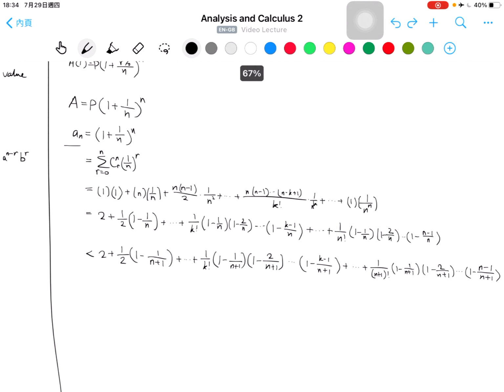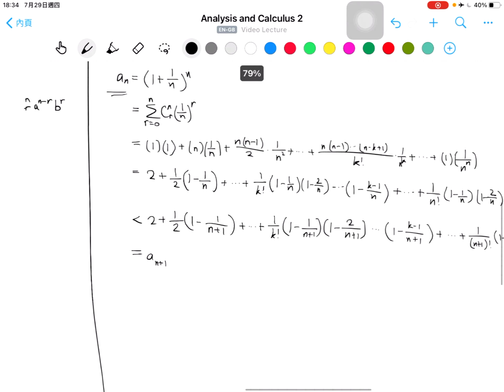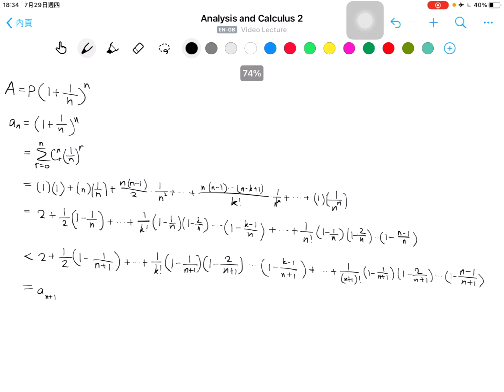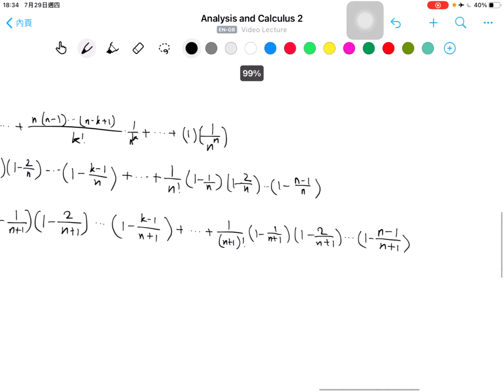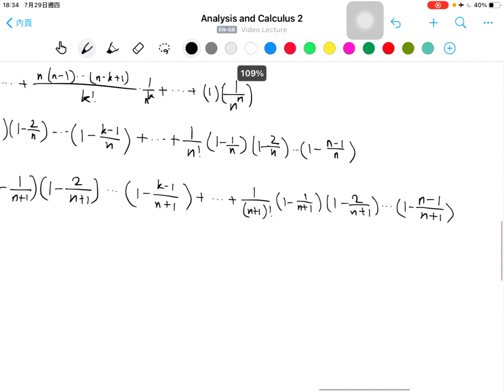If I'm changing n to n plus 1, what does that do? I'm actually getting n plus 1, right?